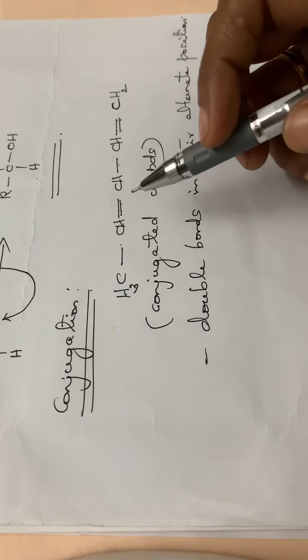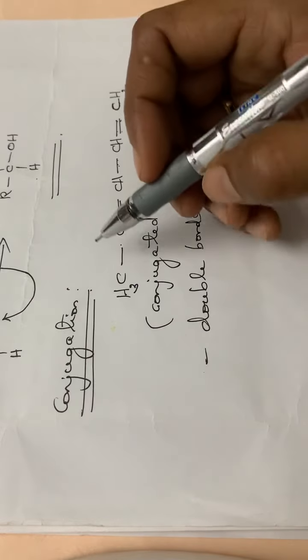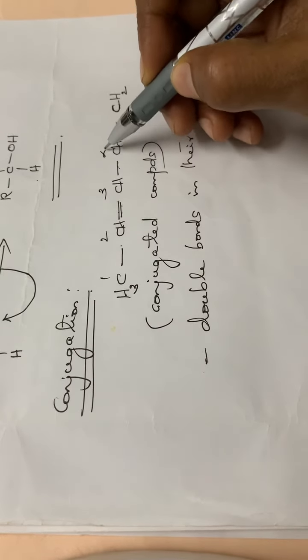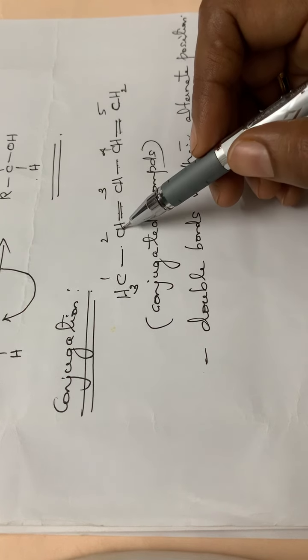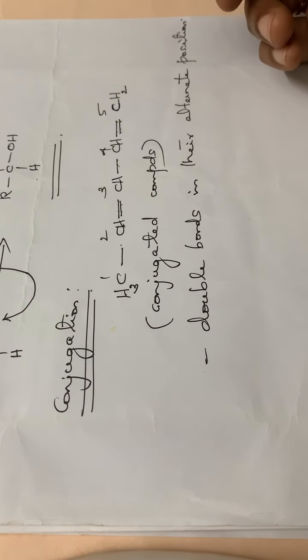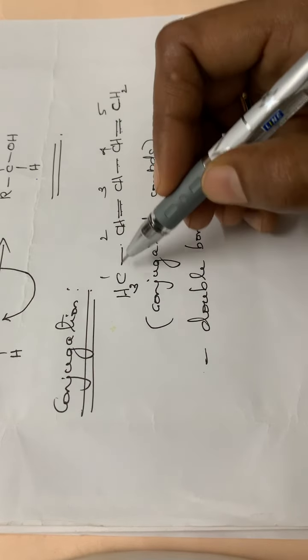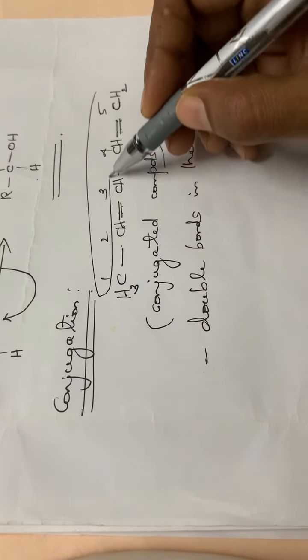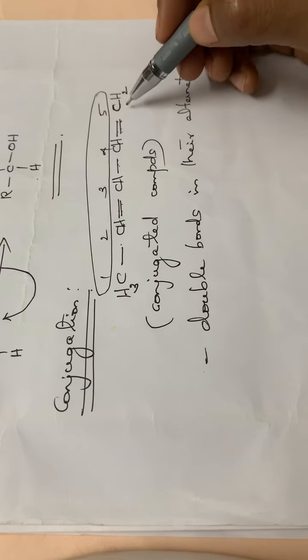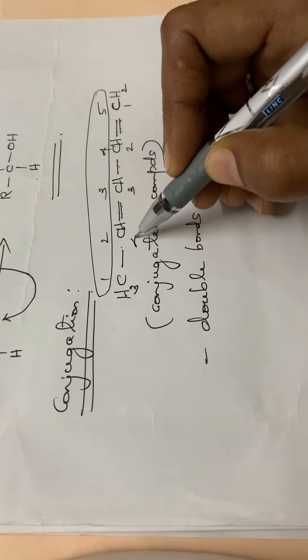So let us name this compound. 1, 2, 3, 4, 5. What about the positions of the double bonds? At the second and the fourth position, there is a double bond. Once again, whether the numbering is from this carbon atom or from this carbon atom, 1, 2, 3, 4, 5.